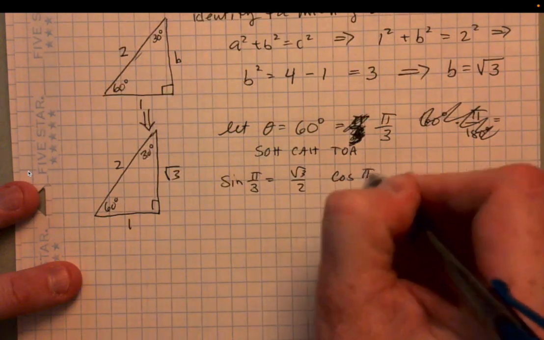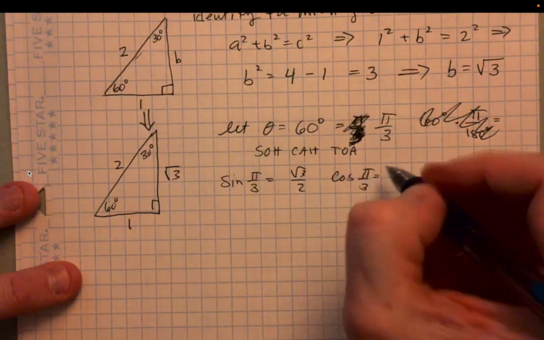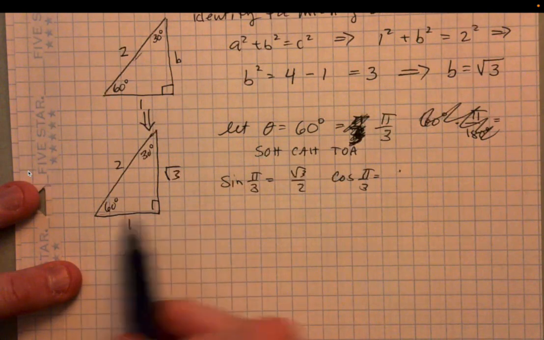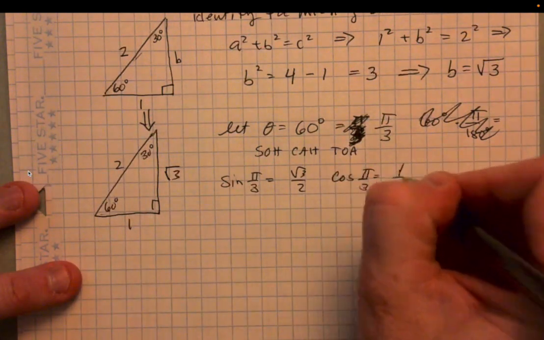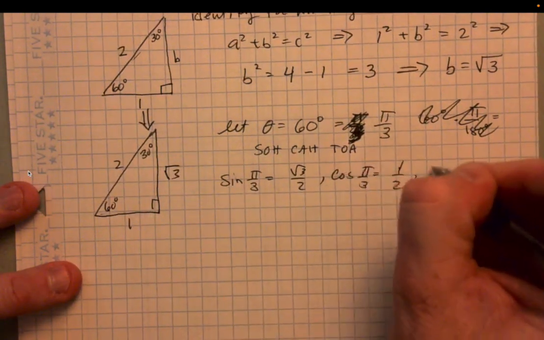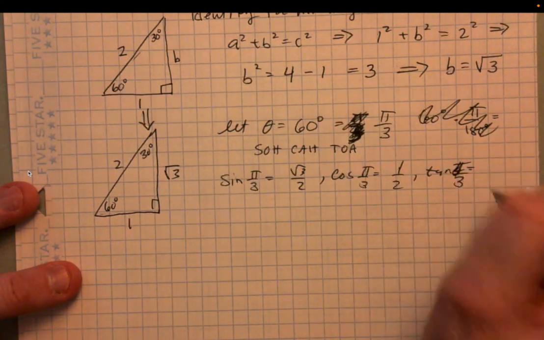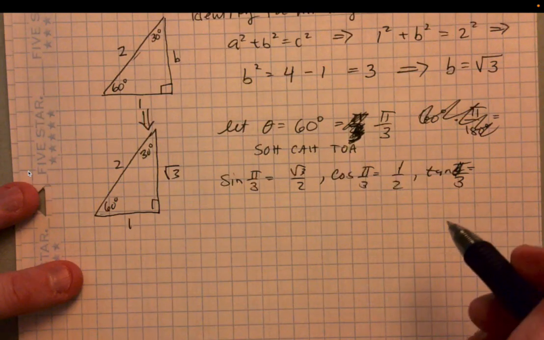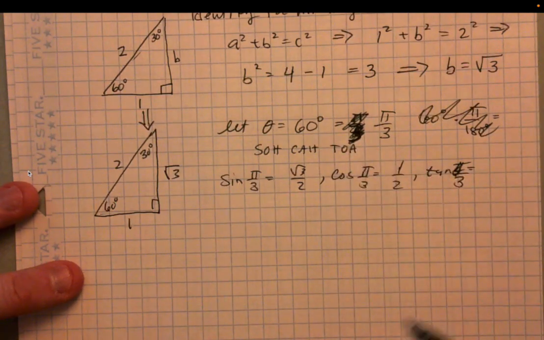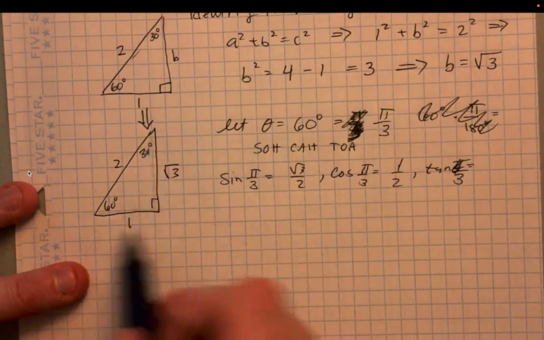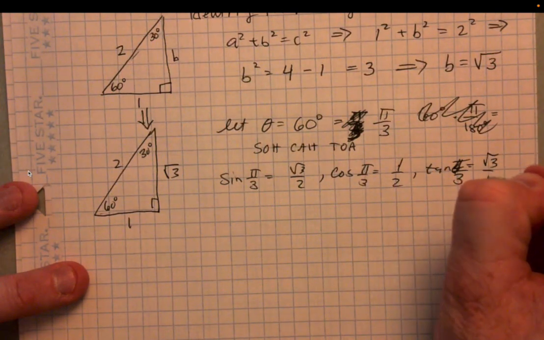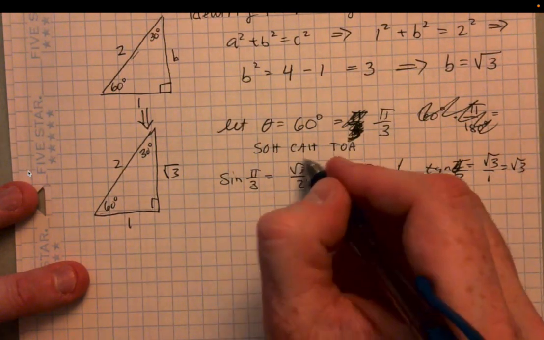The cosine of pi over 3 is adjacent over hypotenuse, so it's 1/2. And the tangent of pi over 3 is opposite over adjacent, so that's square root of 3 over 1.